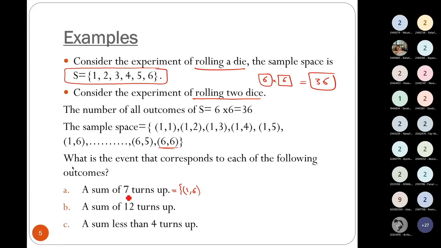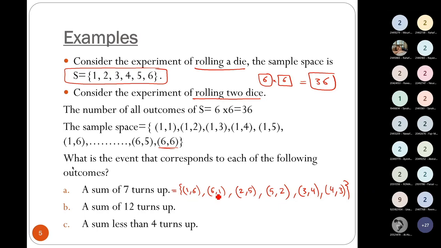Now return. We have also 6,1; 2,5; 5,2; 3 and 4, and 4 with 3. These are all the outcomes where the sum of rolling two dice appearing on the top equals 7.